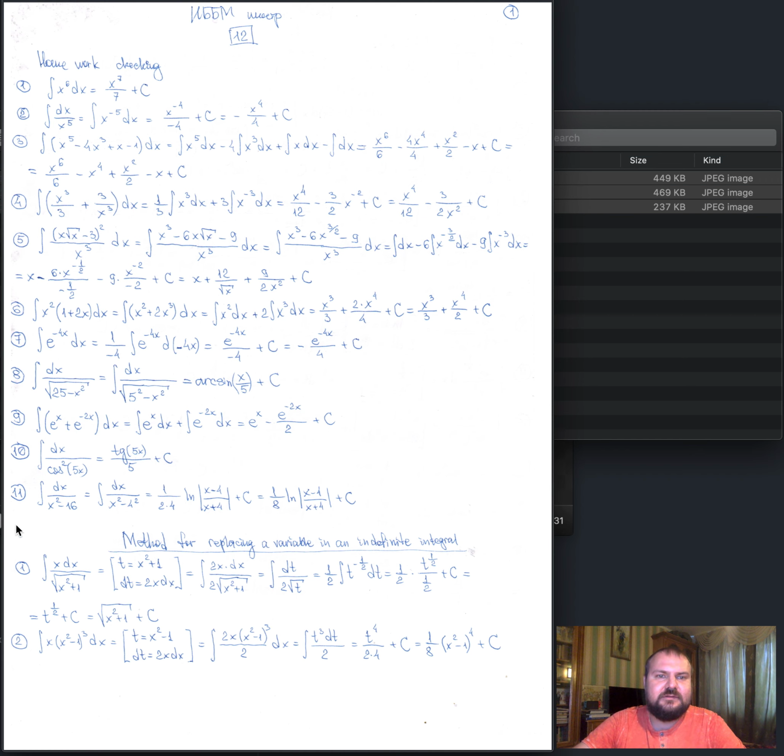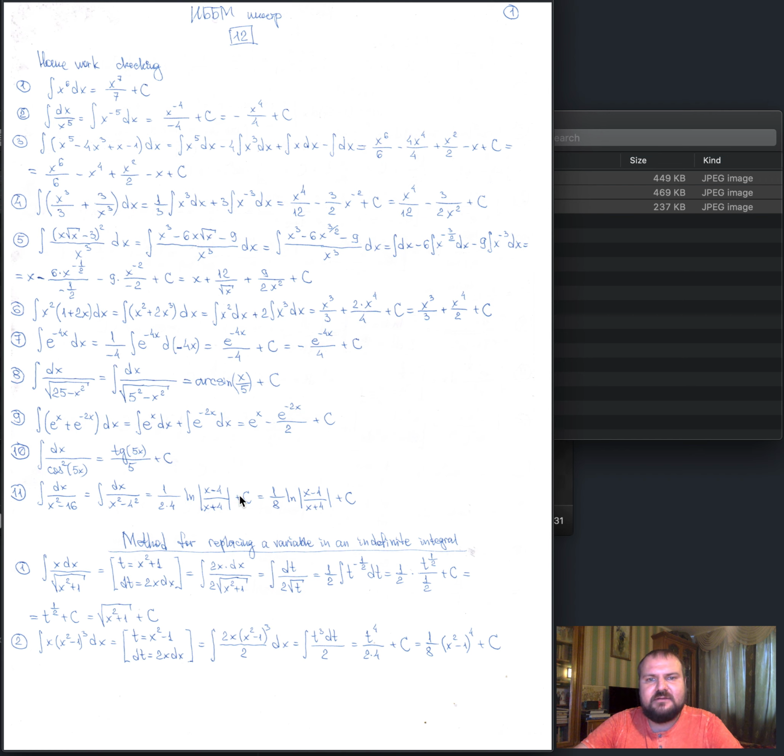Number 11, integral dx divided by x squared minus 16. We rewrite it as dx divided by x squared minus 4 squared. And the table integral here will be a logarithm of the absolute value of x minus this value divided by x plus this value, and 1 divided by 2 and divided by this variable.